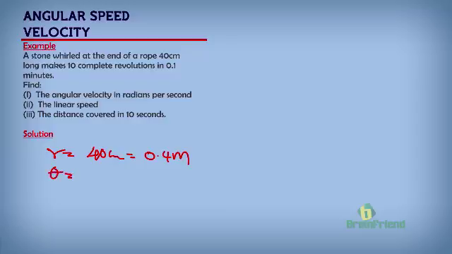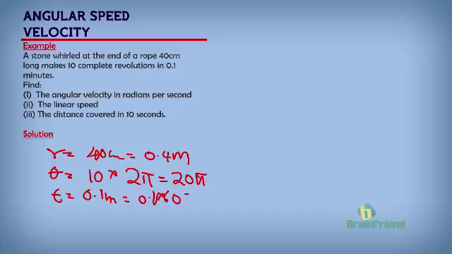We are told it's 10 complete revolutions, so it moves around the circle 10 times, and the total angular distance in radians of the circle is 2 pi. And so this is 20 pi in radians. And the time we have been given is 0.1 minutes, which is 0.1 times 60, which will give us 6 seconds. Now we know what we have been asked to do.